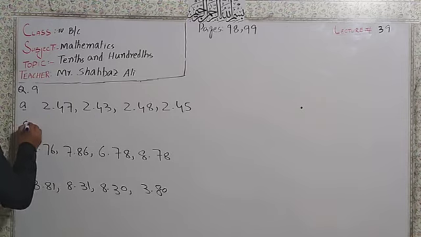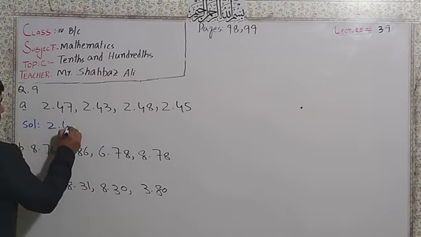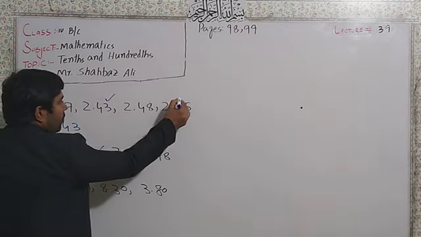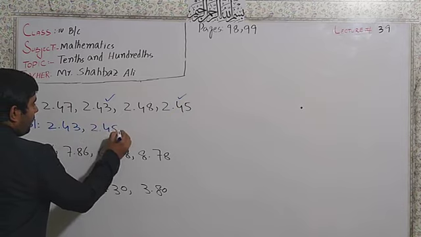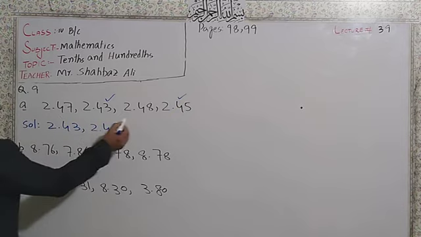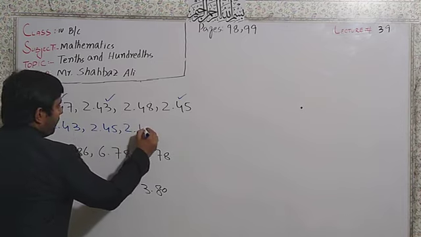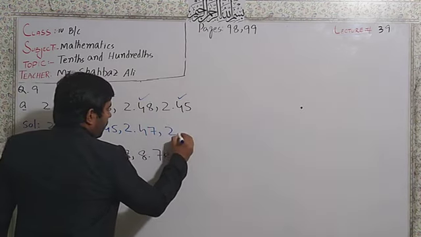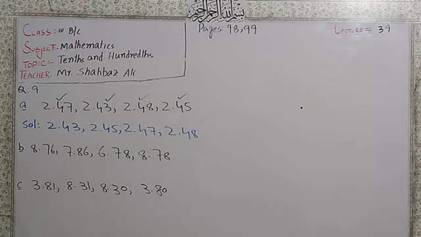Solution is 2.43, this one, and then we have 2.45, and then 2.47, and then the last one is this one, 2.48. This is the answer, this is the solution.